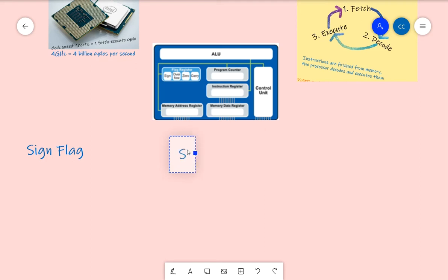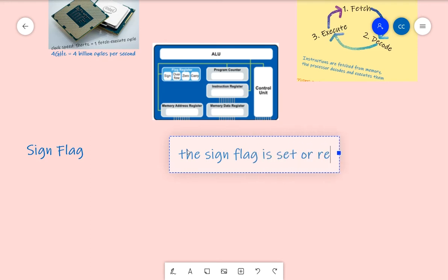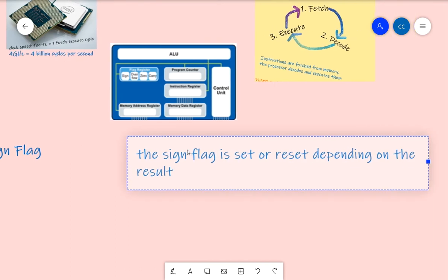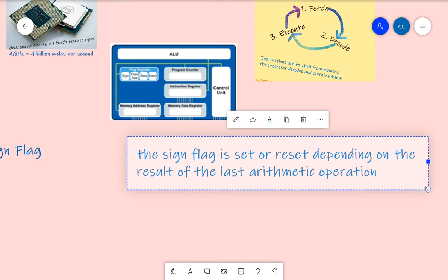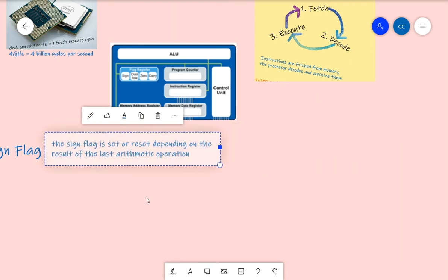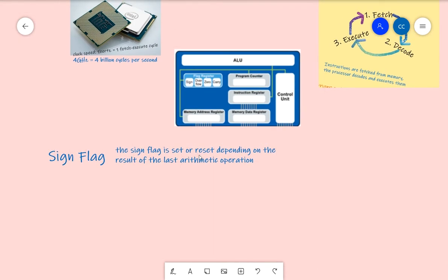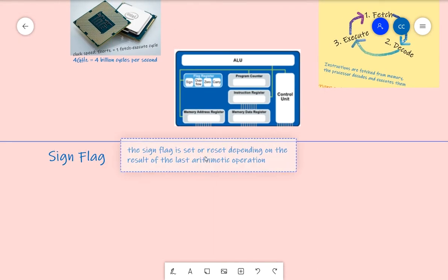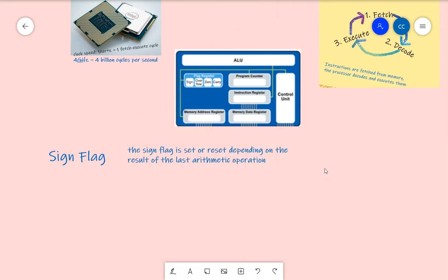So what we can say here is the sign flag is set or reset depending on the result of the last arithmetic operation. Right, so that's important to bear in mind. It's always set as the result of the last operation that's been carried out in the arithmetic logic unit.